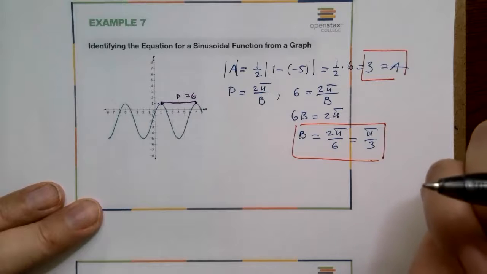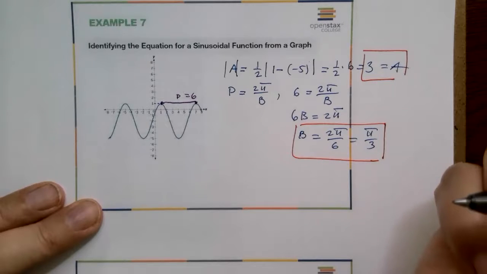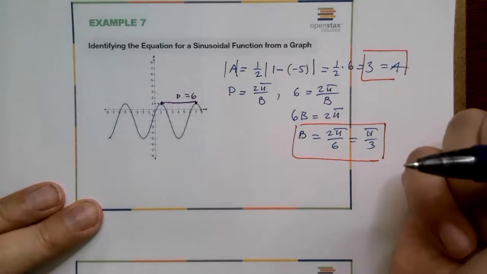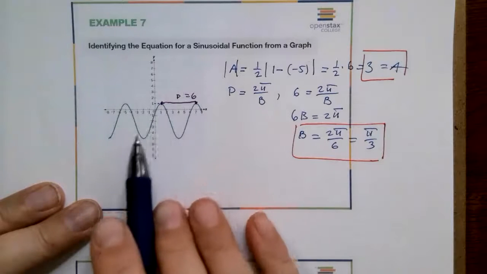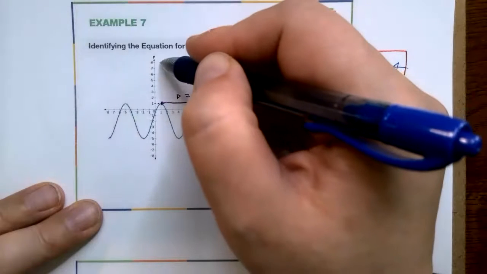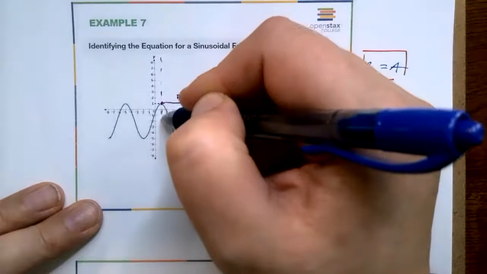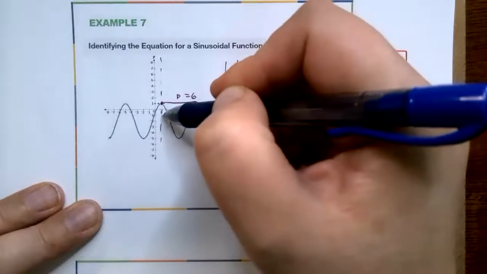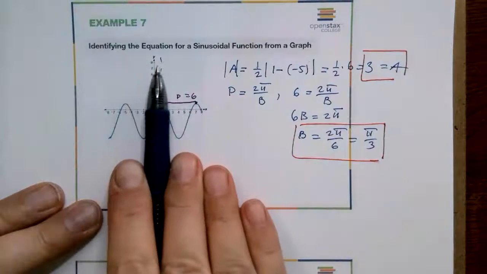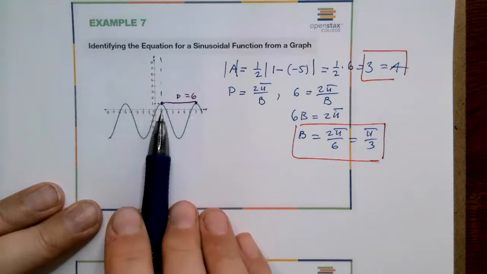First of all, are we using the sine function or the cosine function? It's actually up to you. Because if you're using the cosine function, then your maximum is right here, and I would say that your phase shift for the cosine function is shifted right here, 1 unit.